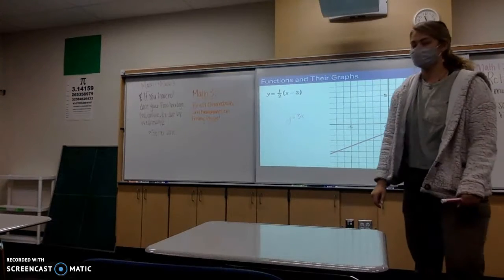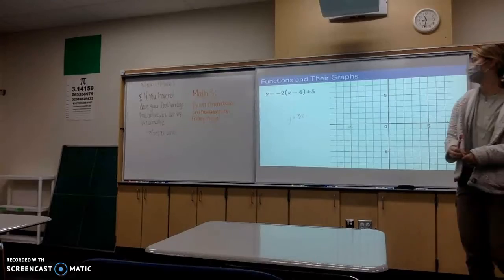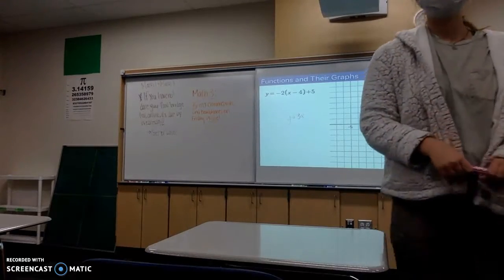Okay. Next one. y equals -2 times (x minus 4) plus 5. With your partner or the person next to you, talk about what that graph is going to look like this time.